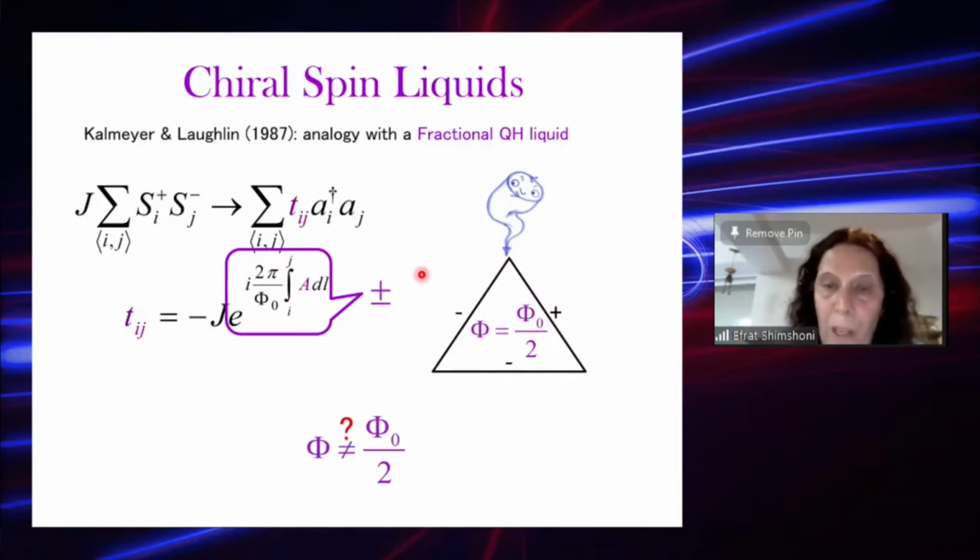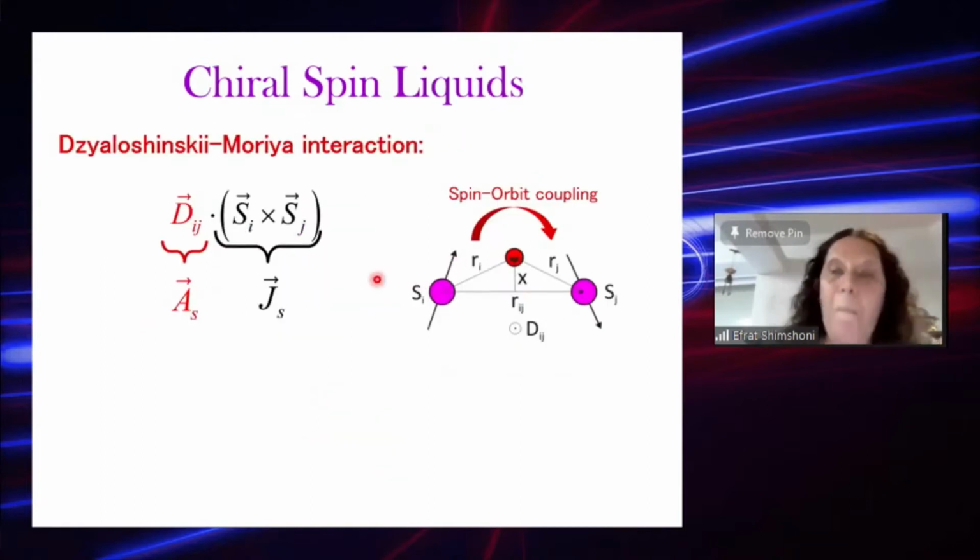So it would be nice to have an alternative way of generating a fictitious flux, which can take arbitrary value and tune possibly other kind of quantum Hall-like states. And such an object exists, and this is the Dzyaloshinskii-Moriya interaction, which was shown in many talks in this conference.